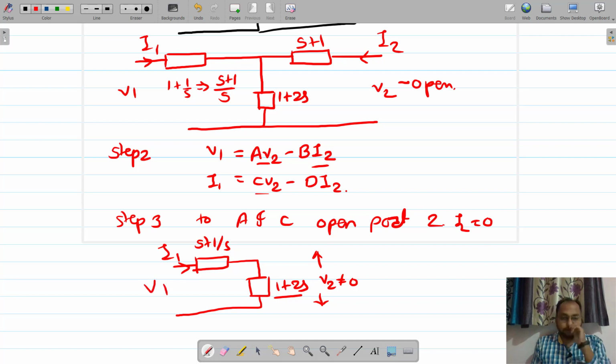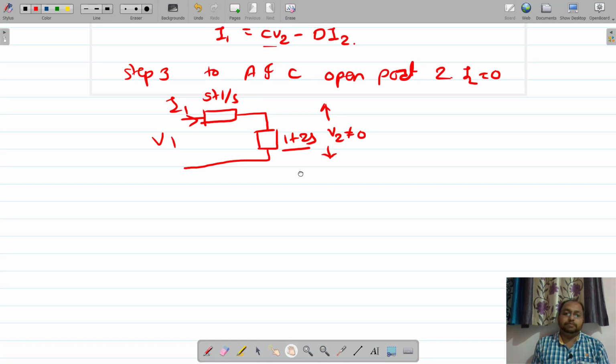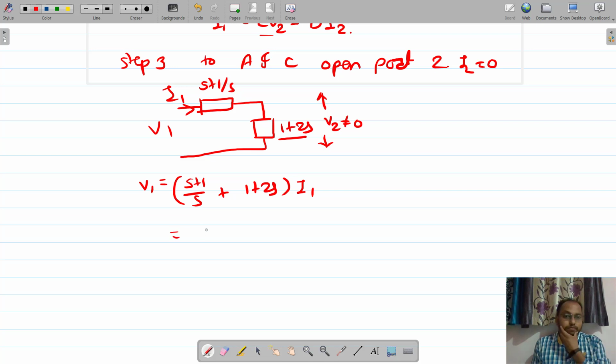Okay, what is A? A is nothing but the ratio of V1 to V2, right? So remember that. Let us first find V1 and V2. Let us apply KVL so that we can find V1. V1 is nothing but s plus 1 divided by s plus 1 plus 2s, into I1.